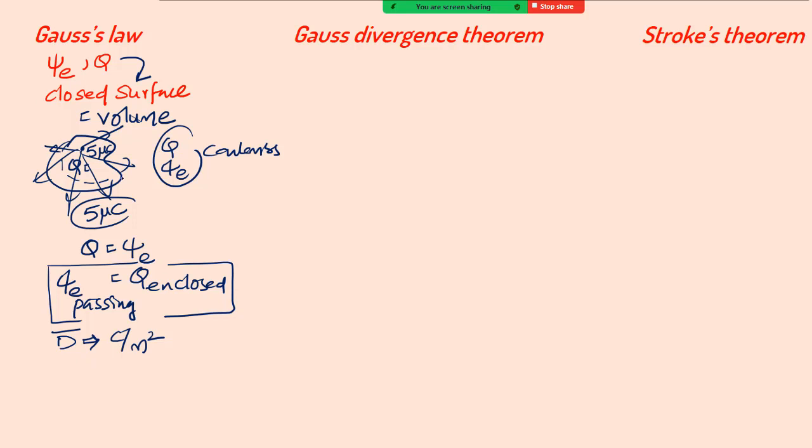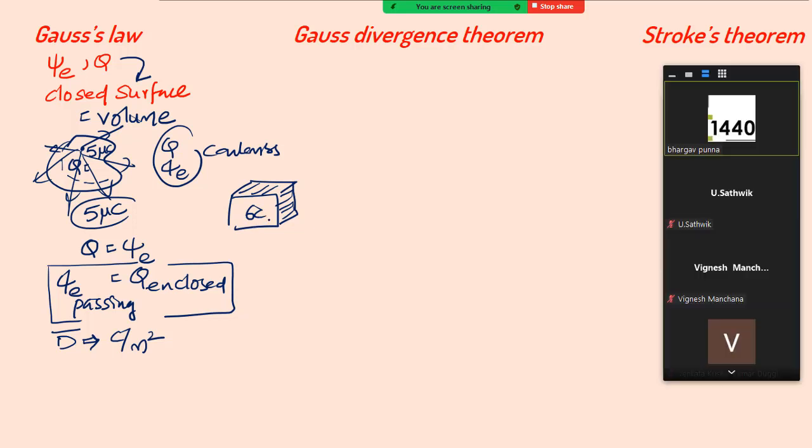For example, if you imagine one room, within that particular room, if you keep 6 coulombs of charge, and the room is having 6 surfaces, and if you assume that room is in a cubical shape, that means all the 6 surfaces are of the same dimensions. Inside the room, that means inside the closed surface, 6 coulombs of charge is there.